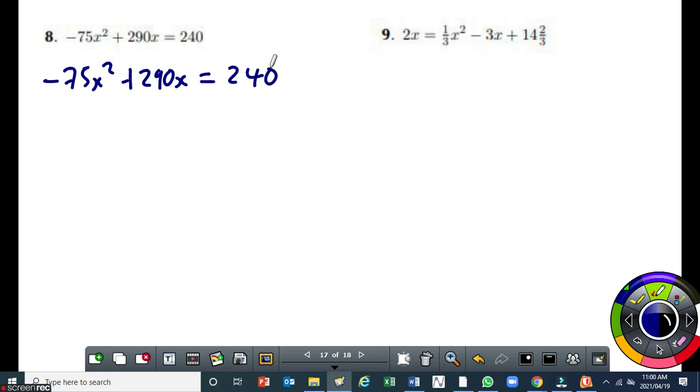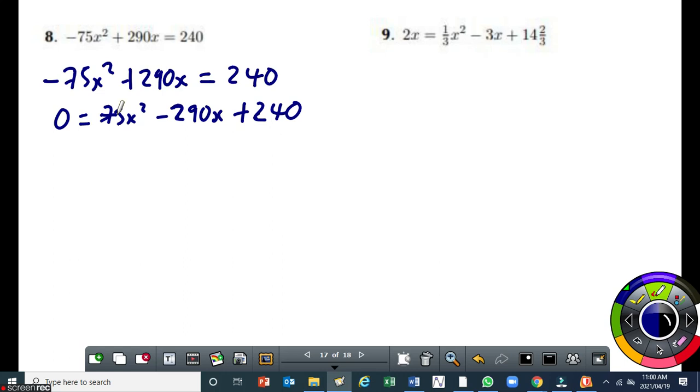So if I take the minus 75x to the right, the 290x to the right, I'll get 0 equal to 75x squared minus 290x plus 240. Alright? So we are going to have that. Now here, if you want, we can factorize that by taking out a common factor.